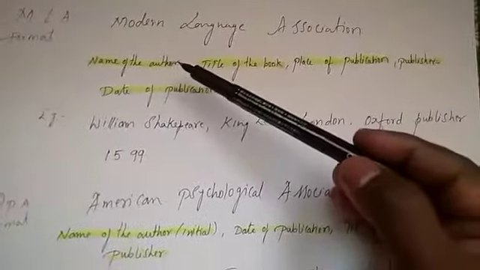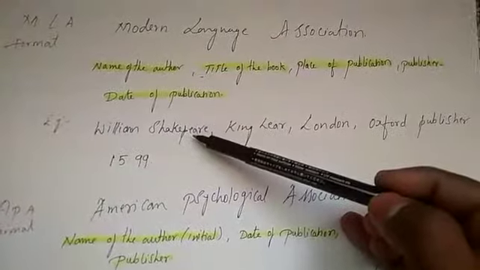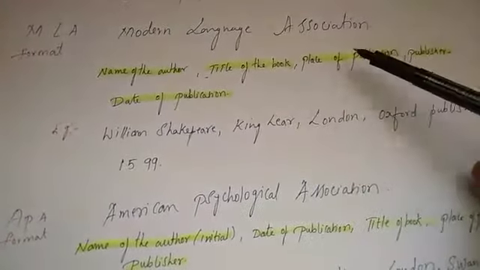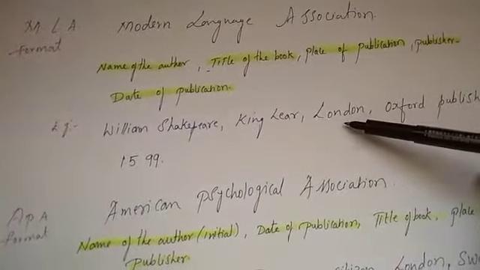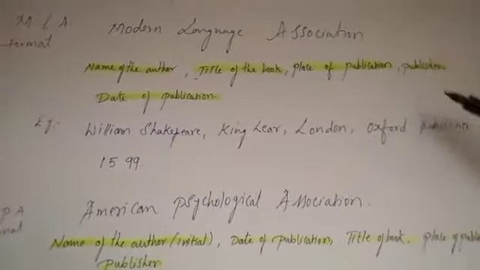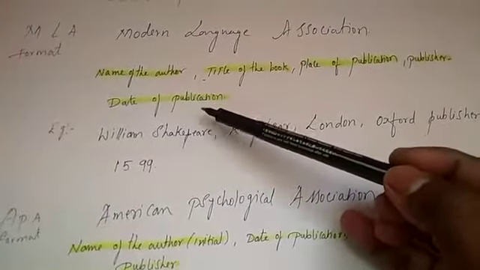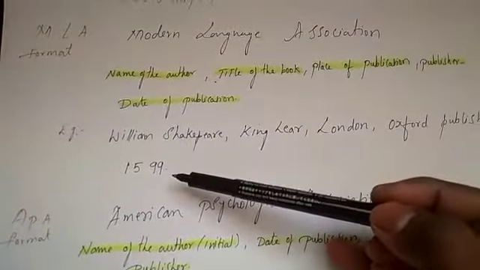For example, name of the author William Shakespeare, title of the book King Lear, place of publication London, publisher Oxford Publishers, date of publication 1599.